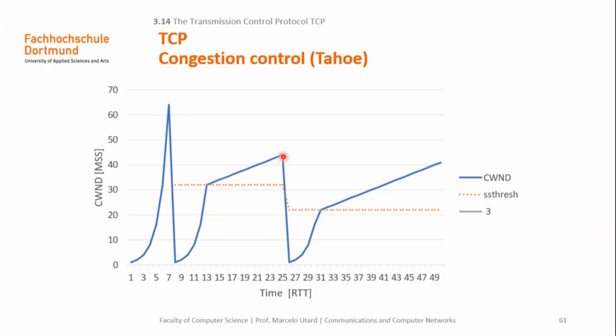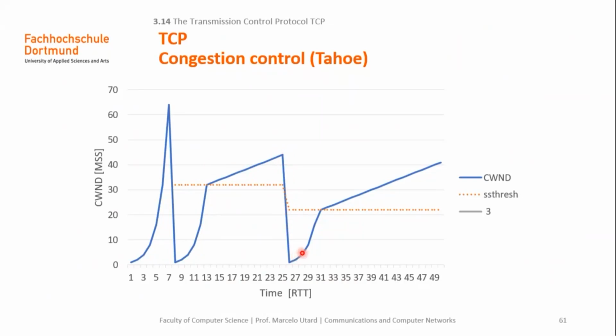This continues until, for instance, there is a new segment loss. In that case, we reduce the congestion window to 1, set the slow start threshold to half of this congestion window, and restart the slow start process.